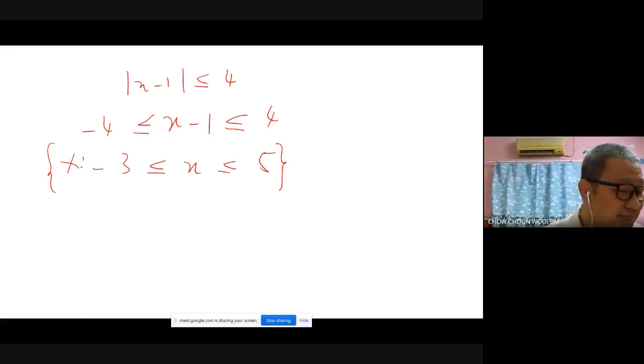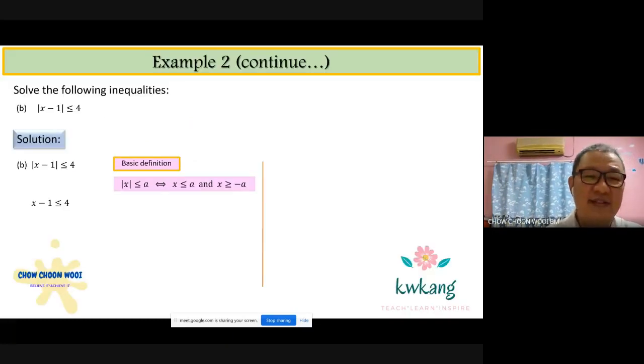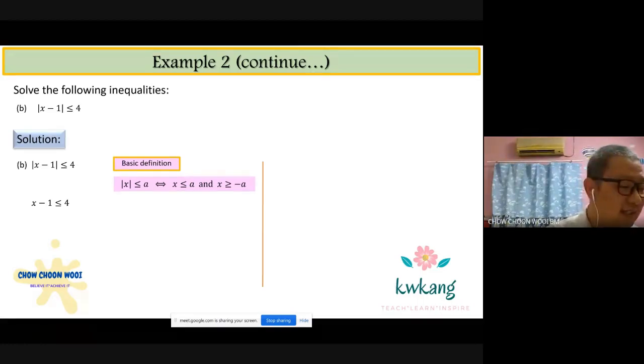Okay, yang lain dapat ke tak? Dapat lah. So, dapat itu dapat. But anyway, you need to use this technique to solve it. Okay, kita perlu guna teknik ini. Have you tried to use this technique to solve it?